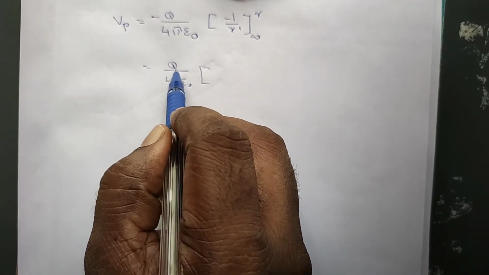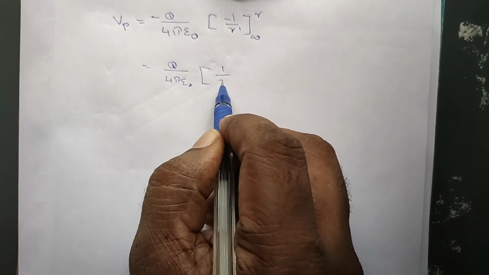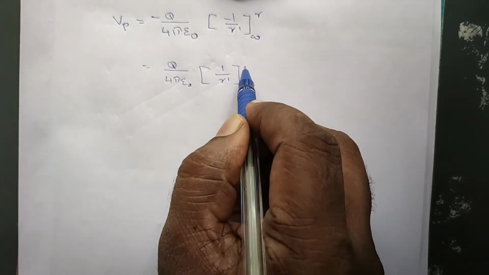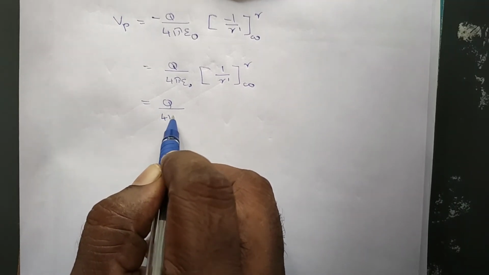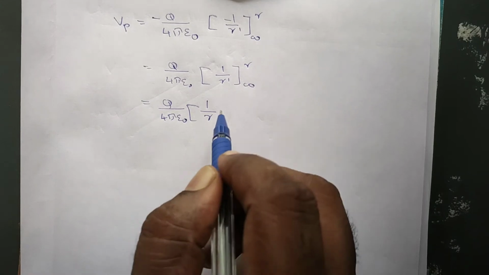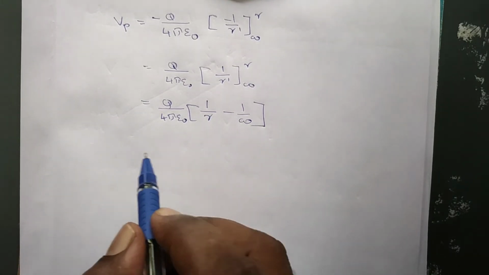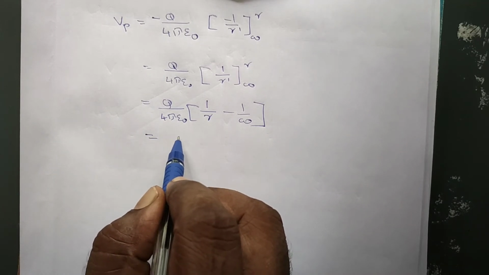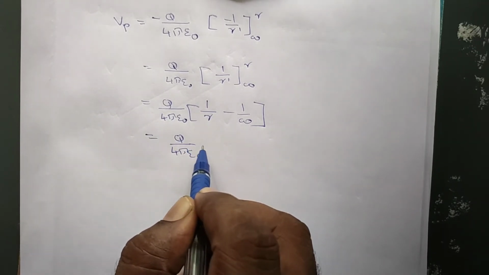So Q divided by 4 pi epsilon naught, 1 divided by R dash, from infinity to R. First you apply the upper limit: Q divided by 4 pi epsilon naught, instead of R dash, R. 1 by R minus 1 by infinity. What is 1 by infinity? 1 by infinity is equal to 0. So Q divided by 4 pi epsilon naught R.